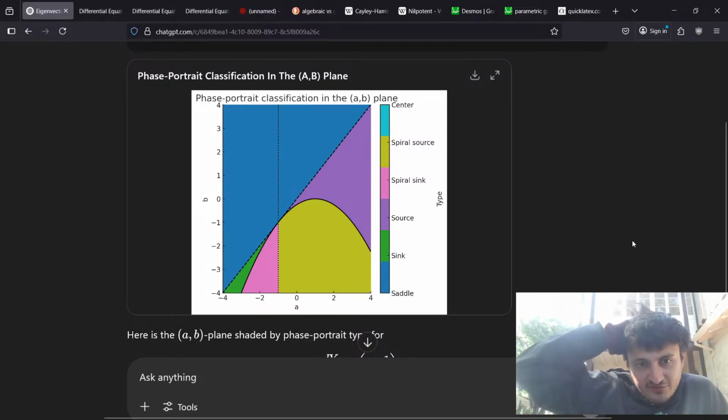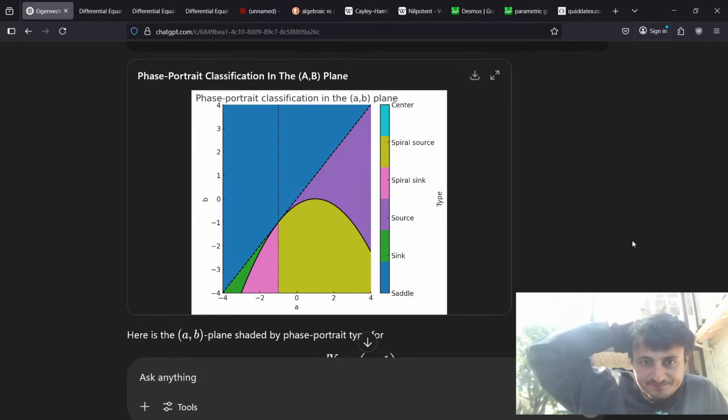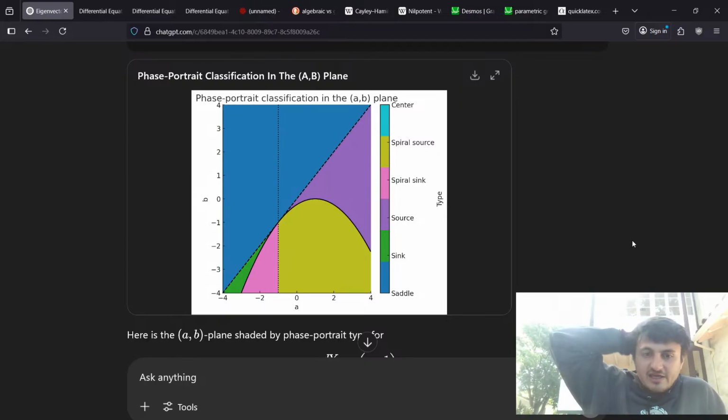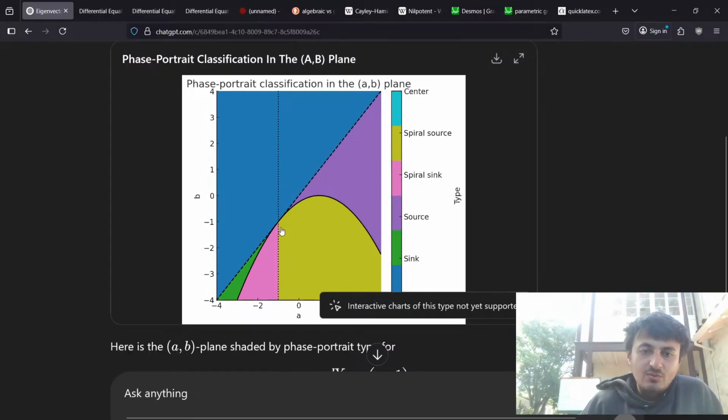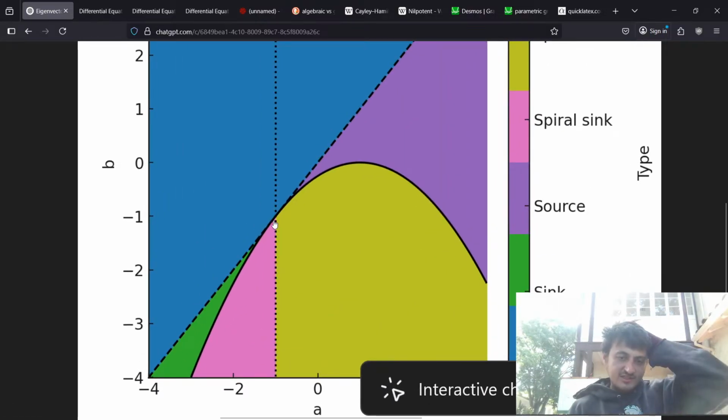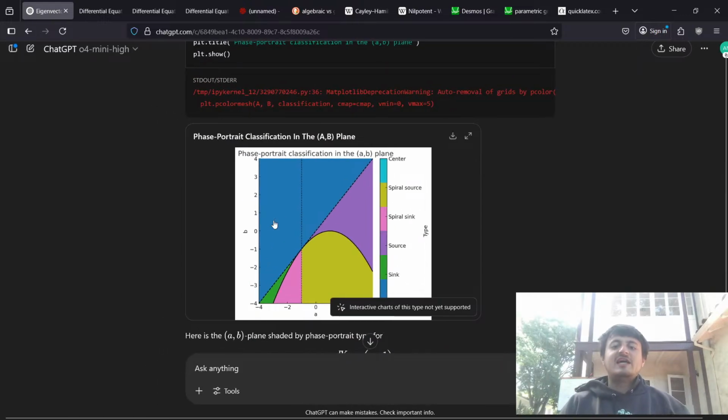That point's the point where you have 2 0 eigenvalues, I'm guessing. -1, -1. If A equals -1, then the trace is 0. And B is -1, too. So this is the point where the trace is equal to the determinant, which is equal to 0. That is such a cool plot.